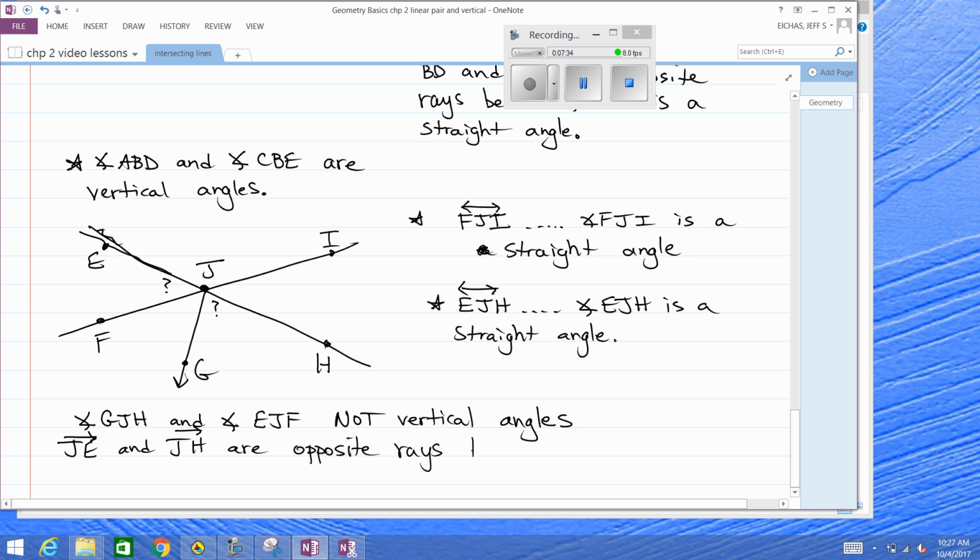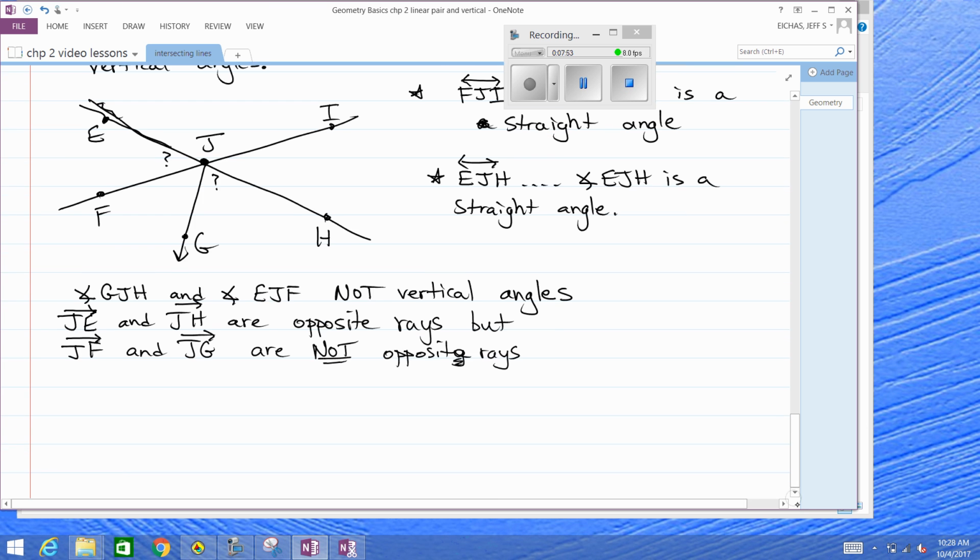But their other two sides, JF and JG, are not opposite rays. That's why. So the definition's critical here. These are not vertical angles. They have some other relationship, but it's not vertical. So we've got to be really specific when we talk about this.